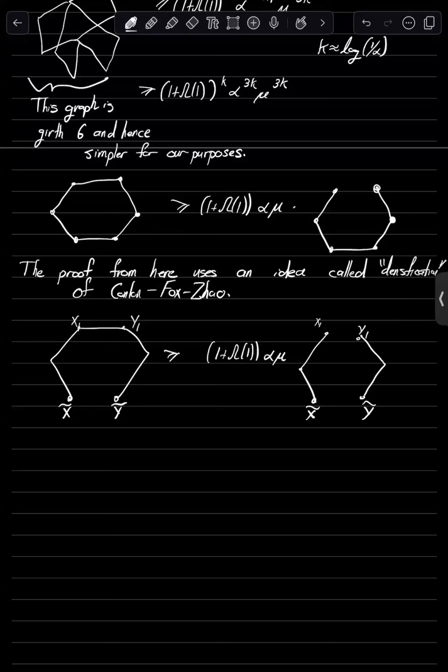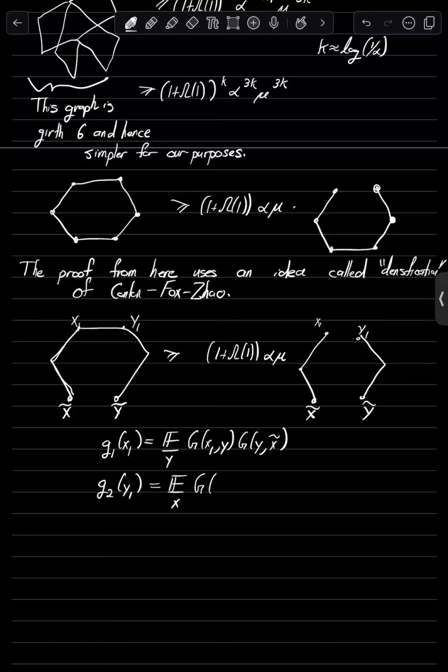Okay. So now what I'm going to do is define the function g1 of x1. What is this going to be? It's basically this codegree count. It's the expectation of g of x1 y, so I'm averaging over y, g of y x tilde. So this is just this codegree count, basically. I can then define g2 of y1. This is the expectation over x of g of y1 x, g of x, y tilde.